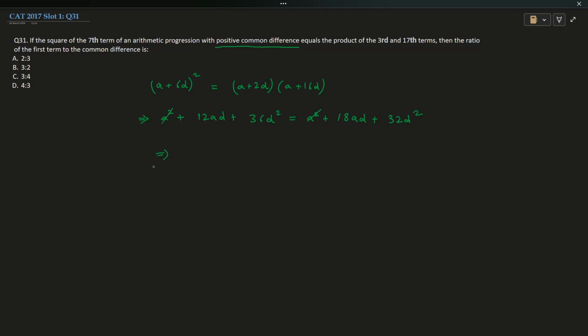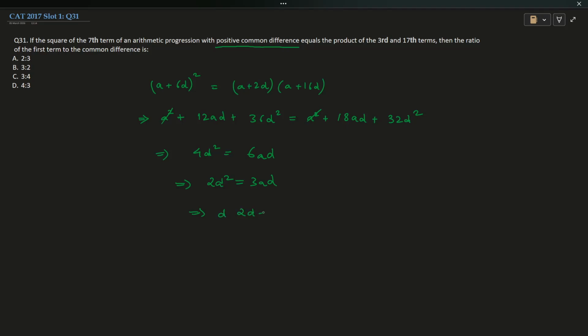a² will get cancelled, and 4d² is equal to 4ad. Am I correct? No, it will be 6ad, right? It will be 6ad. Now I can say 2d² = 3ad. Now I can take d common.